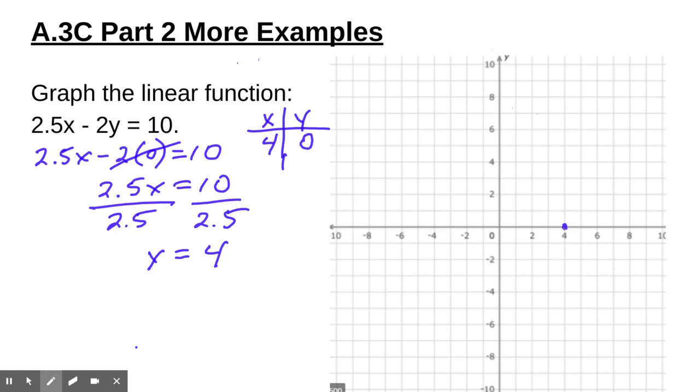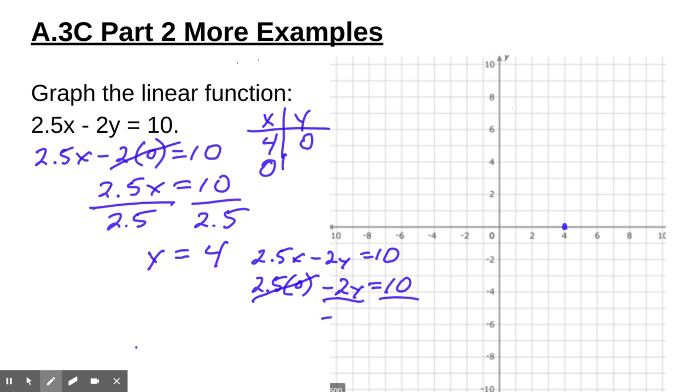And now I'm going to set x to 0. And let's put this one in the equation. We have 2.5x minus 2y equals 10. And 2.5 times 0 minus 2y equals 10. That goes away. And now we can divide by -2 on both sides.